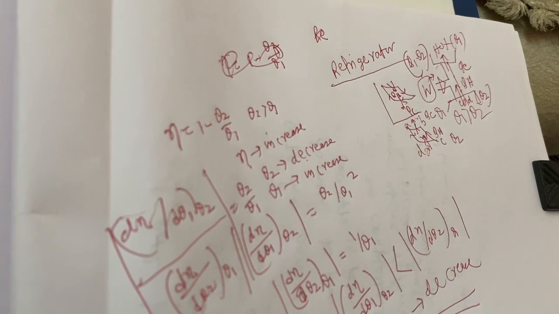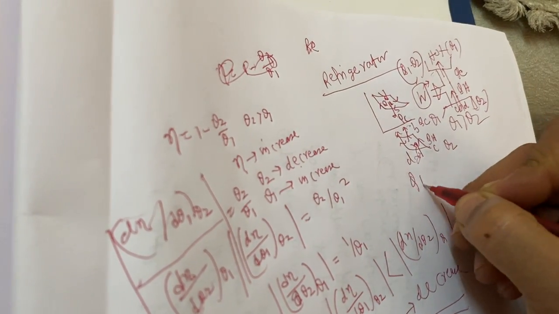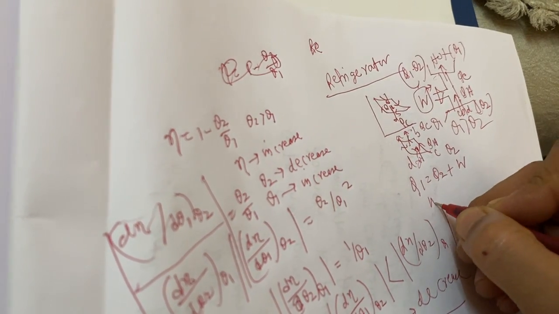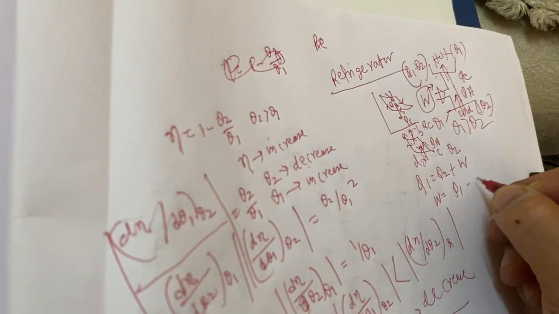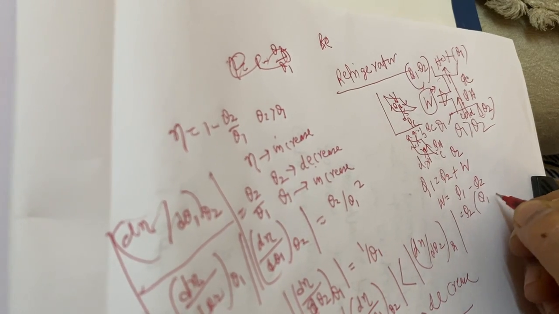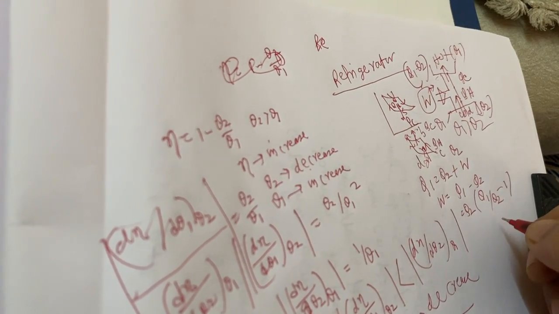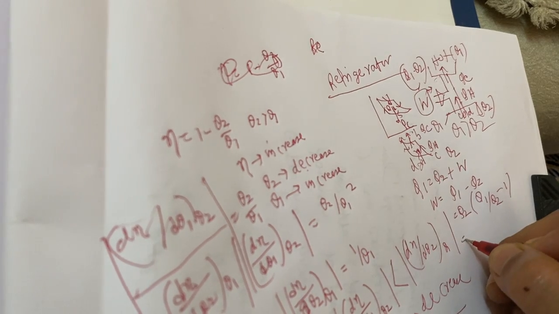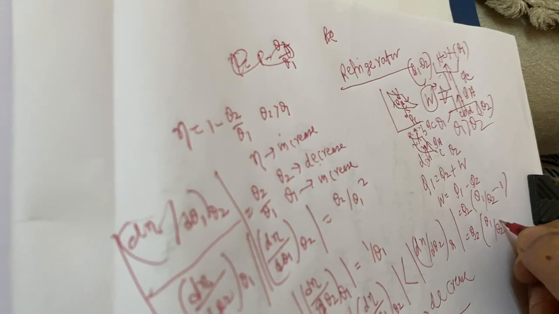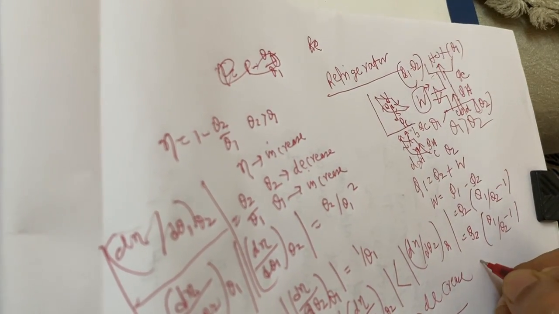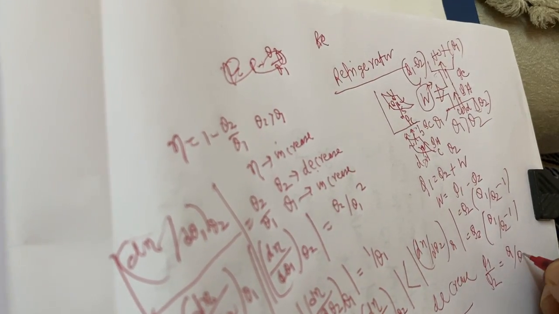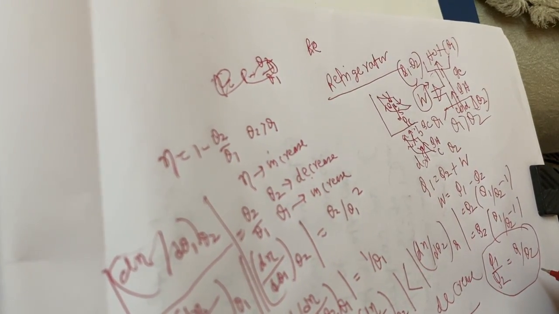So, Q1 equals Q2 plus W, or W equals Q1 minus Q2. If we take Q2 common, W equals Q2 times (Q1 by Q2 minus 1), which is Q2 times (theta 1 by theta 2 minus 1), as Q1 by Q2 is equal to theta 1 by theta 2 for a Carnot cycle.